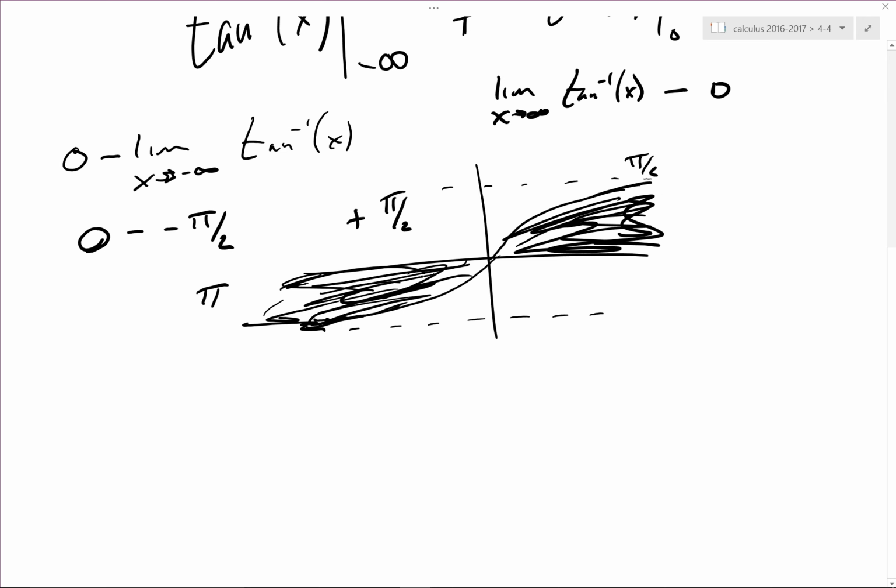So you're not evaluating this, you're evaluating it here. And on this end, it's adding up to pi over 2, negative pi over 2, and positive pi over 2. But it's minus and minus, so plus. So it adds up to a total of pi units.